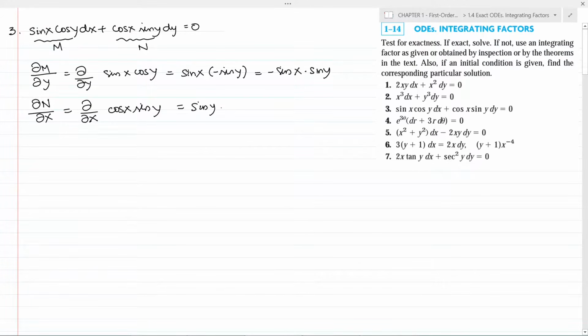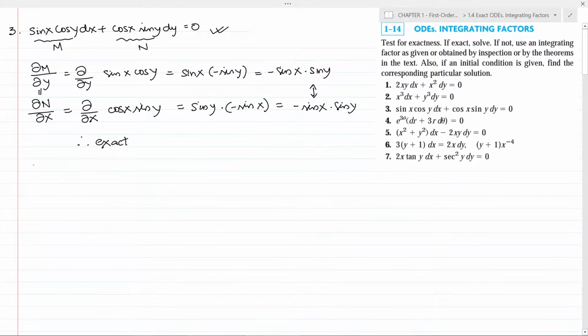Sin y multiplied by derivative of cos x with respect to x, which is minus sin x, so minus sin x sin y. These two are equal, that means del M by del y equal to del N by del x. Therefore, the given ODE is an exact ODE.